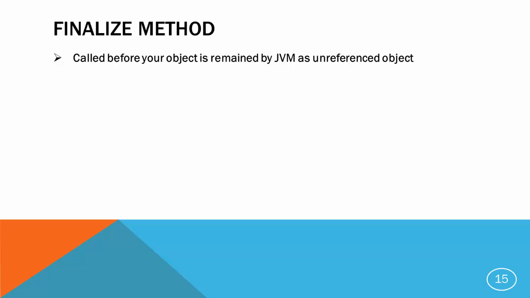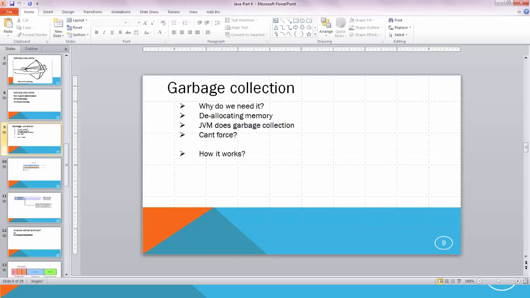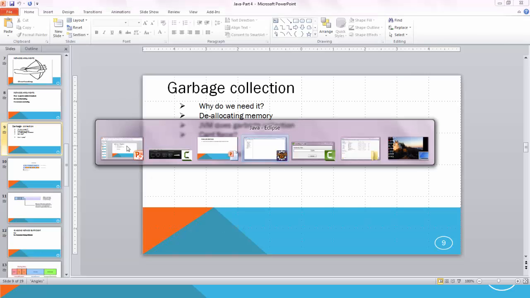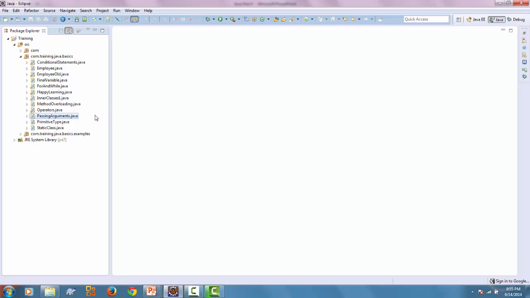Before doing the deallocation, if the object has a finalize method, the finalize method will be called. Every class in Java extends from Object, so finalize is a method available in the Object class.